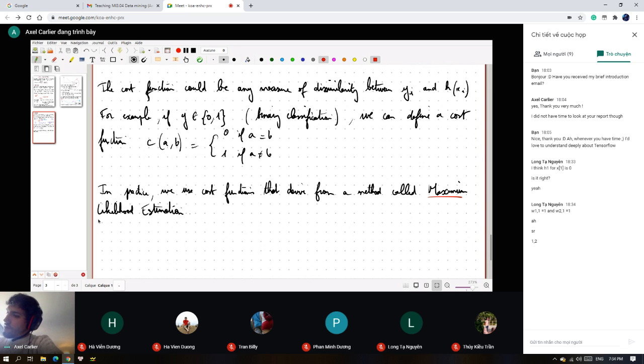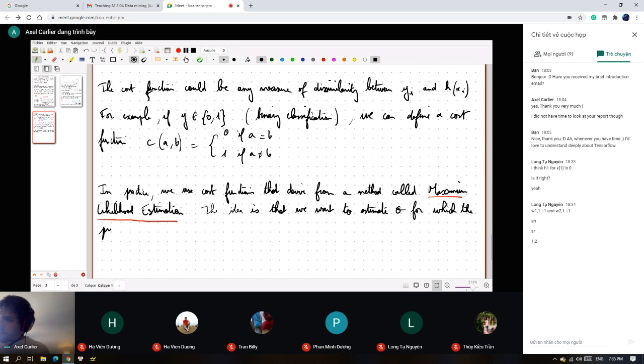So this is well known in probabilities. The idea is that we want to estimate theta for which the probability of observing our training set is the highest.